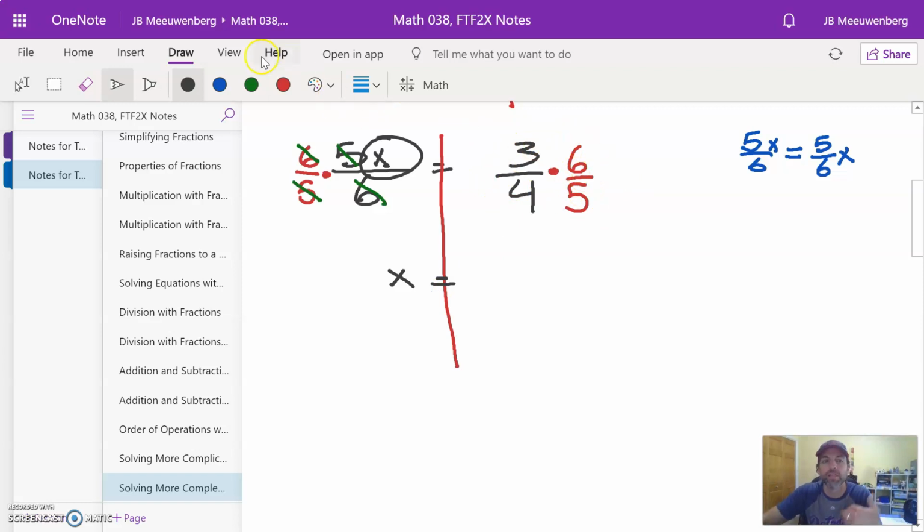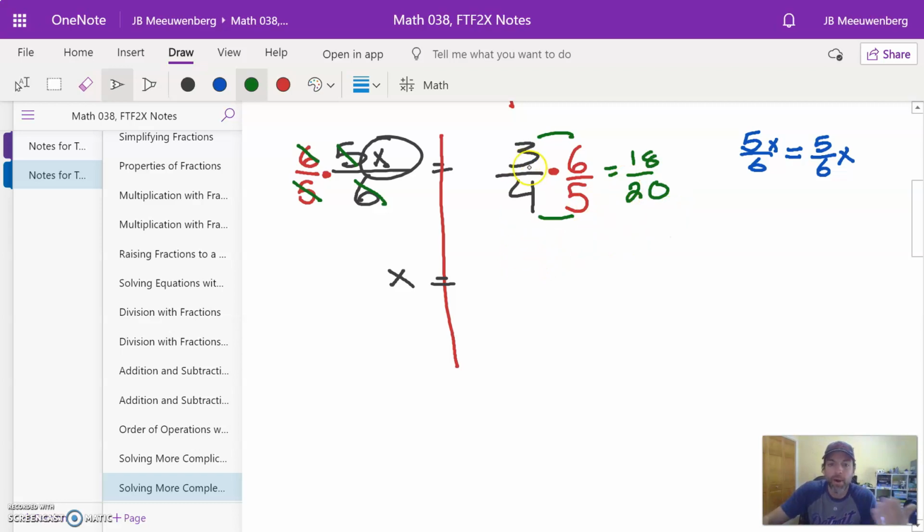Now over here, how you finish off this problem will differ from other people in the class. Some of you might start by just multiplying to get 18/20, and then work to cancel and reduce that.